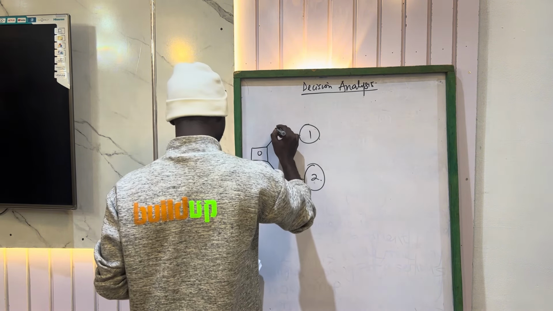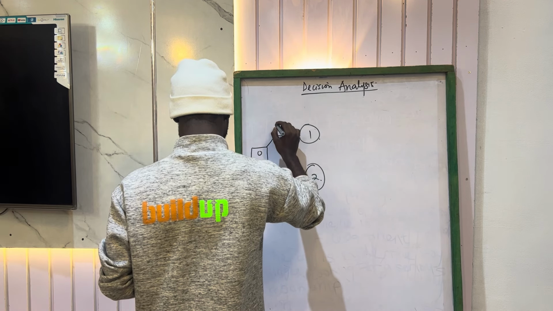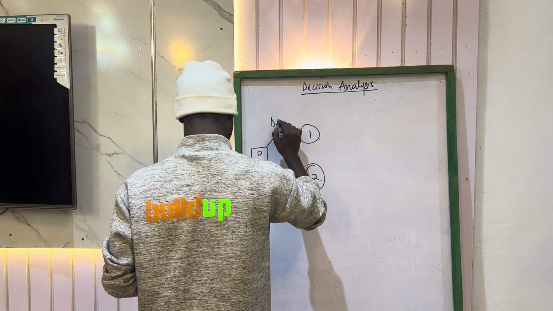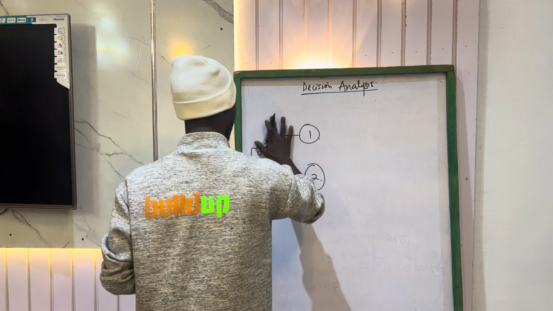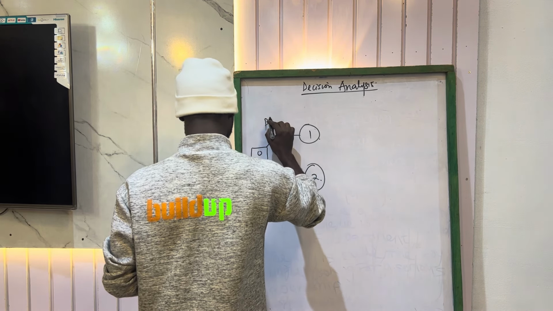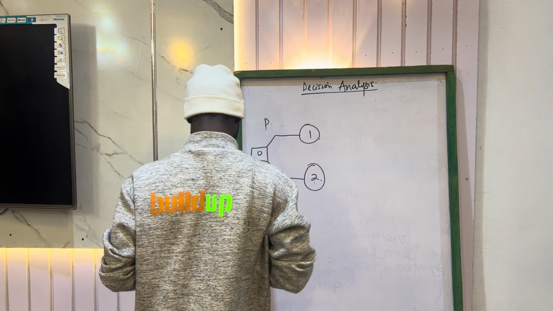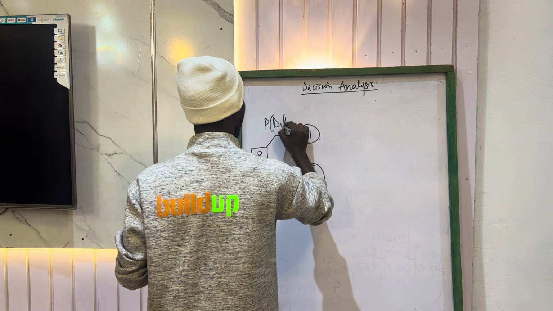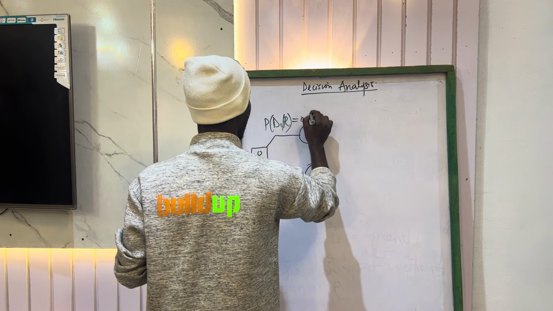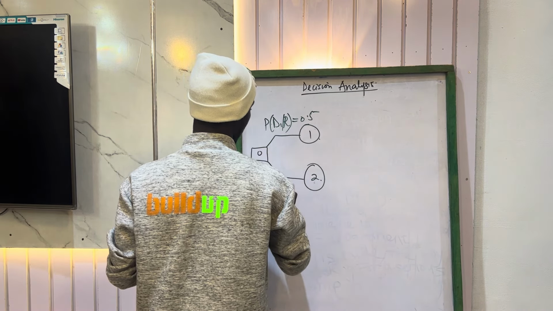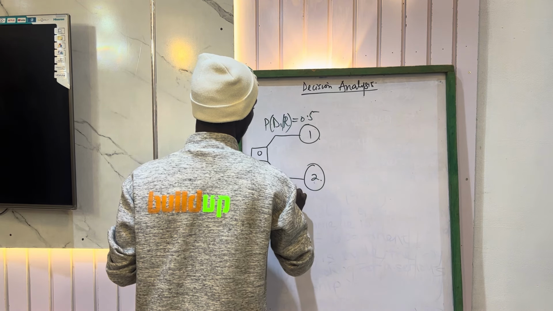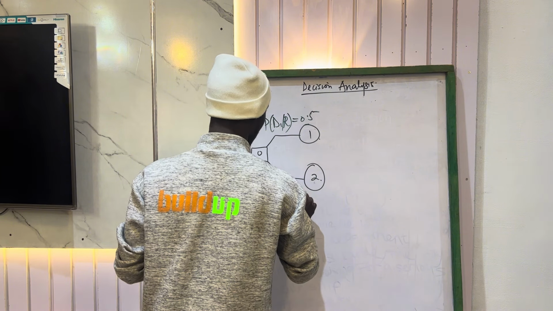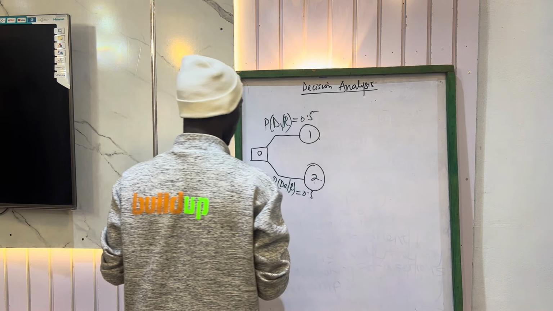The probability to develop, which is D1, when there is research is 0.5. The probability not to develop when the research is there already is 0.5 as well.